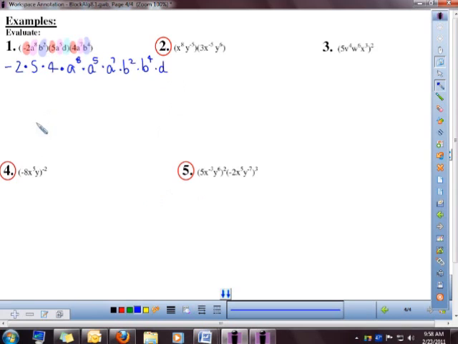Now, with the parts that have the like bases, for the numbers, we do the normal thing that we would do with the numbers. So what would we normally do with those numbers right there? Multiply them. So when we multiply them together, we get -40. Now, with the letter parts, here's what we do. This is the rule.